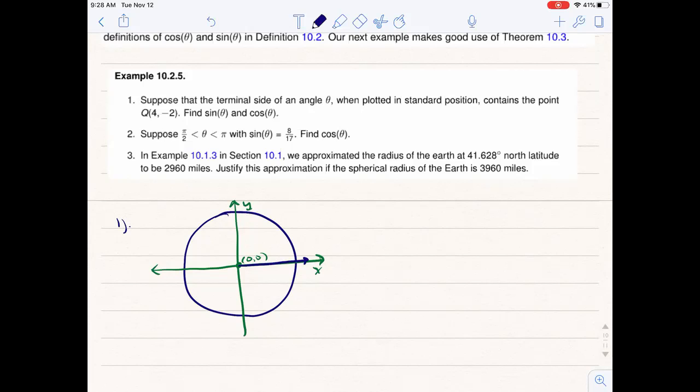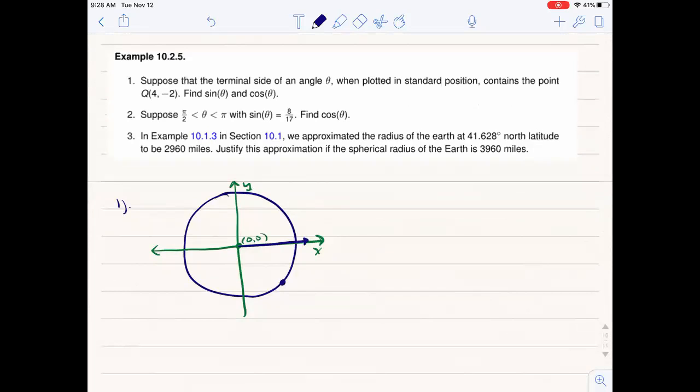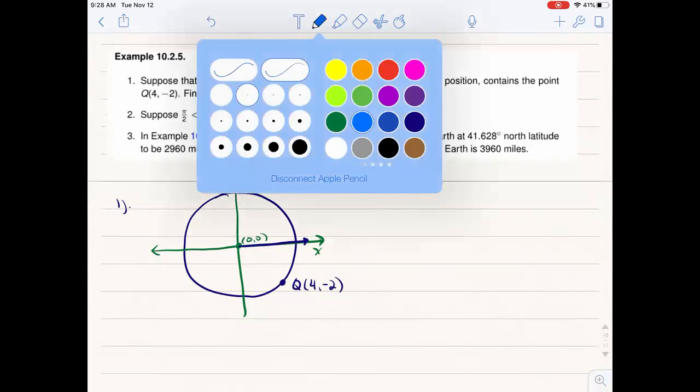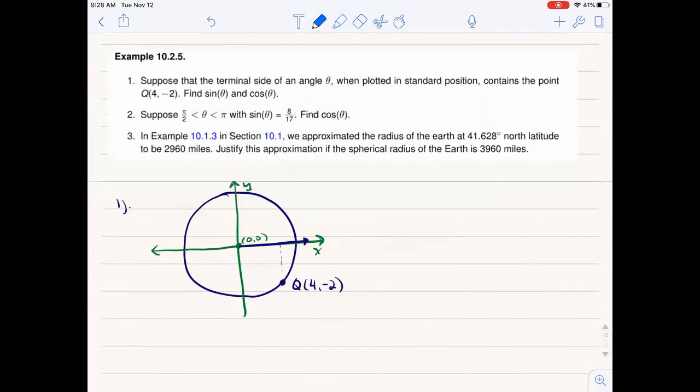So I'm at a positive x and a negative y, putting me in the 4th quadrant. And at some point here, and I don't really know where in the quadrant it is, so I'm just going to map it here, Q is at 4, -2. That's because here I'm at 4 and here I'm at -2. That's how I found that point.